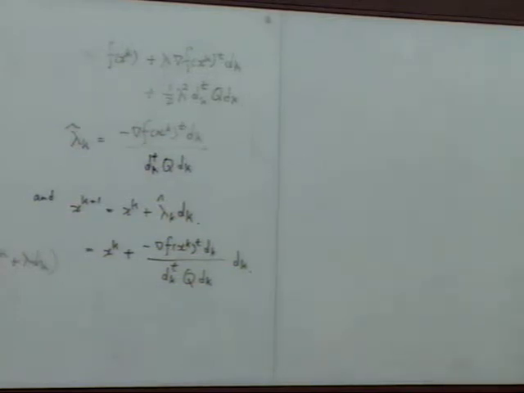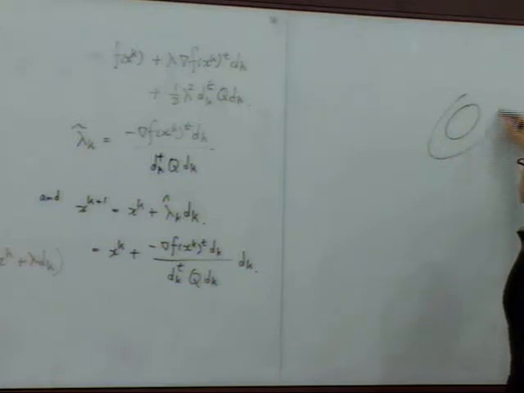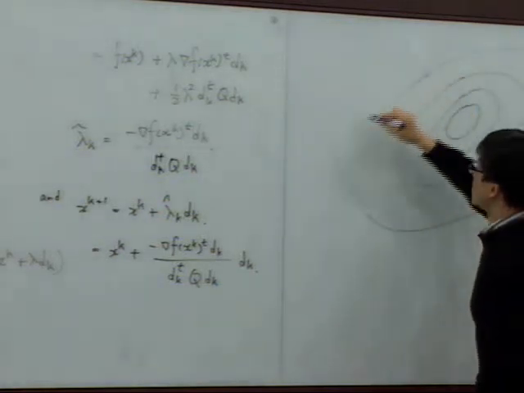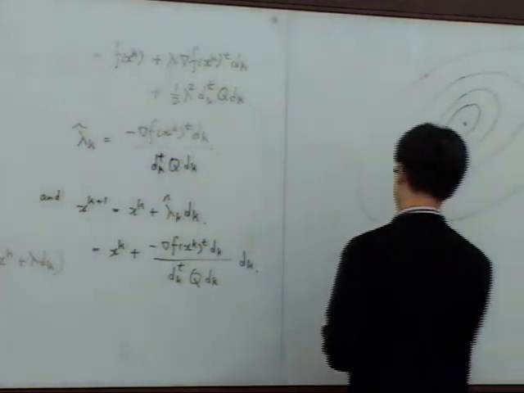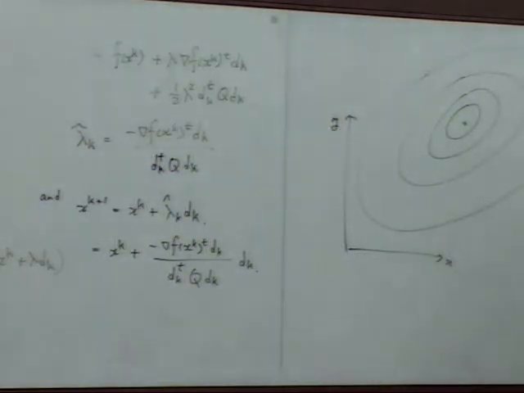Let me ask you a question. Let's say this is the minimum, and this is our starting point x1. It's an x and y space, and the function value is on the g direction.